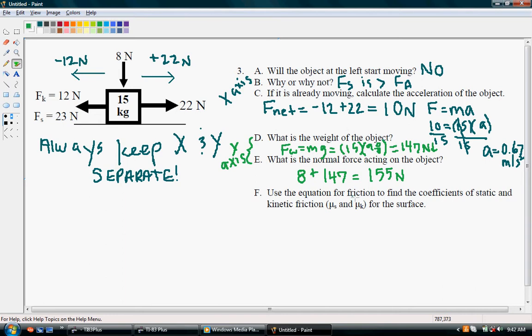It says, use the equation for friction to find the coefficients of static and kinetic friction, mu s and mu k for the surface. So we know that there is a formula for kinetic and static friction. Kinetic friction is equal to mu k times the normal force, Fn. So if we were to rearrange that to solve for mu k, we could divide both sides by Fn.